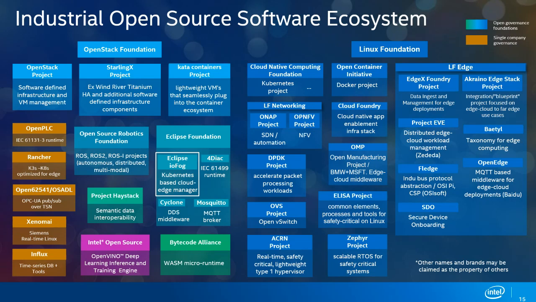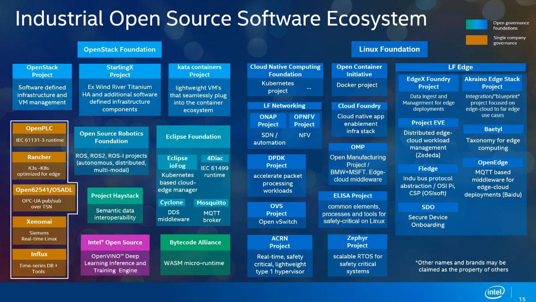There are some additional cloud-based edge projects that are being developed to help manufacturers and technology providers. There are a lot of robots, obviously, on factory floors. Open Source Robotics Foundation, ROS, ROS2, ROS-I, these projects have been in existence for a long time. And now we're integrating these into the other technologies, communications, and operations in the factory.